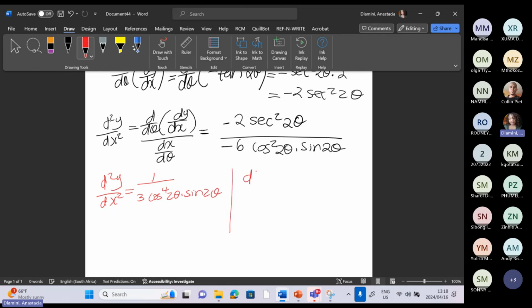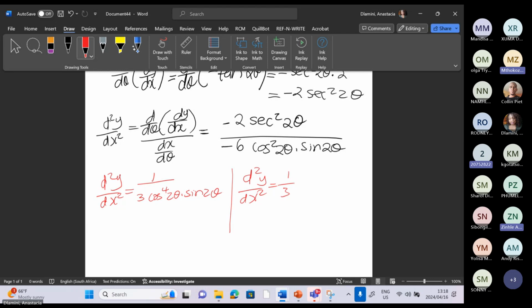Second answer, you said you got 1 over 3. It's just 1 over 3. Okay, I hope it's not changing because now we are seeing the answer. No, it's not changing.